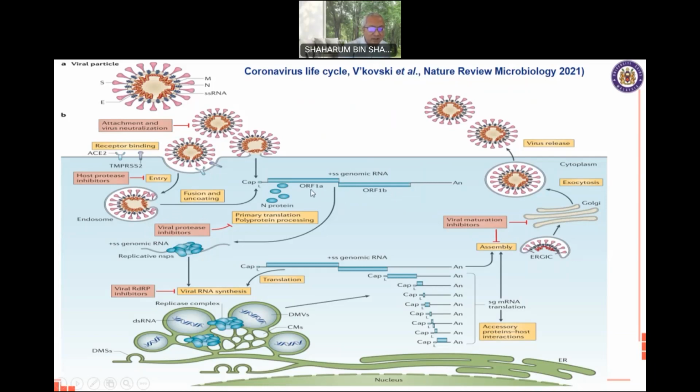And you can see here the proteins PP1A and PP1B. They will produce a lot of proteins, which are very important to control the transcription and also the replication of the virus in the cell.